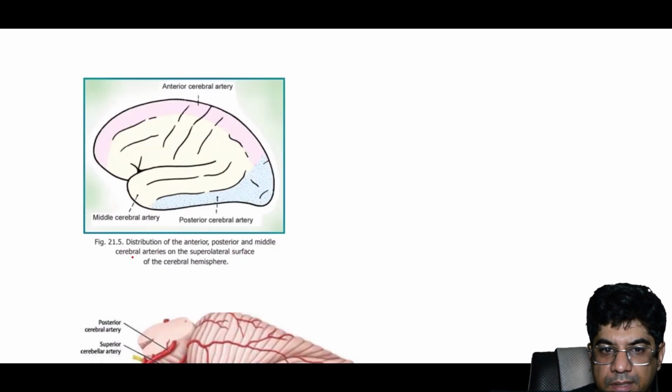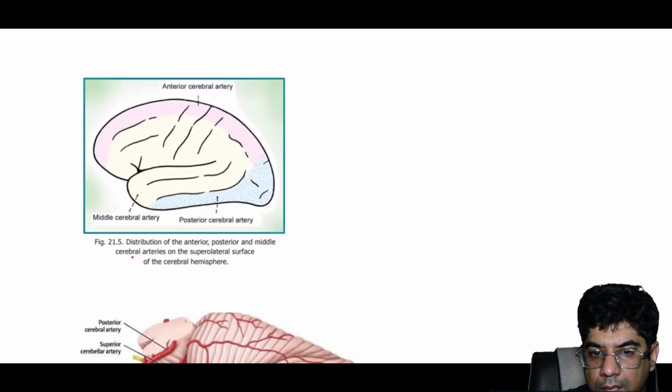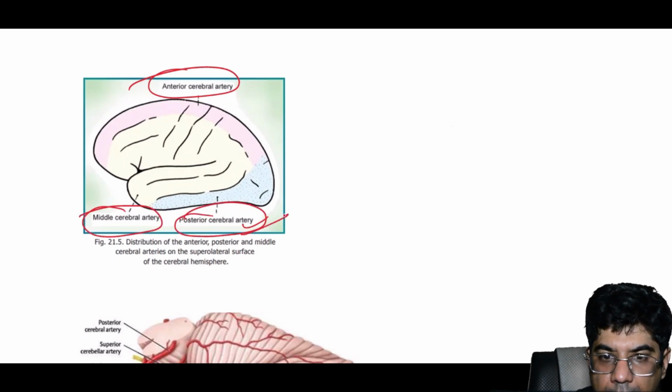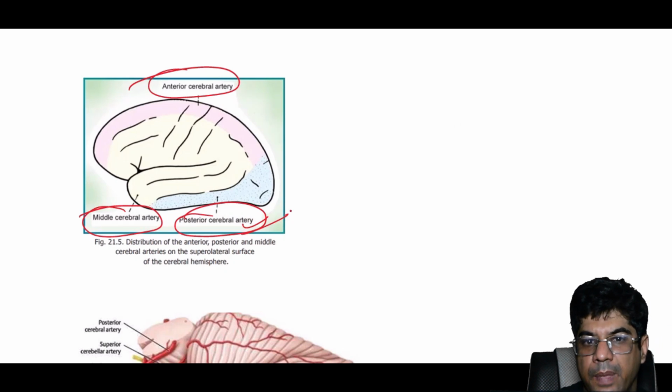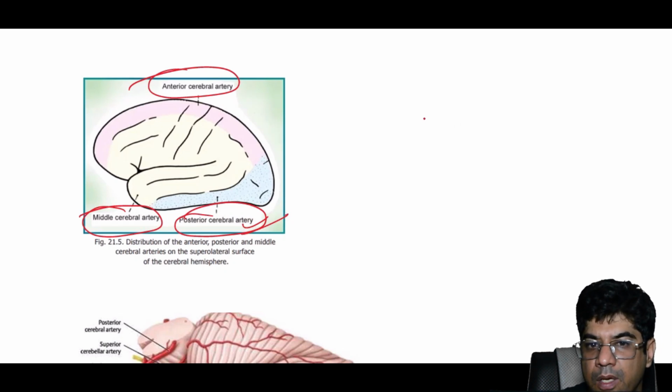Now let us talk about the cerebral cortex. The cerebral cortex is supplied by branches from all three cerebral arteries: the anterior cerebral artery, middle cerebral artery, and posterior cerebral artery. Now, which artery is the main supplier to the superior lateral surface of the cerebral cortex?